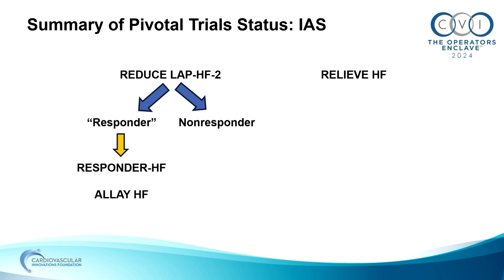And then we are doing a trial called Allay HF with the Alleviant approach, virtually the exact same people. So this subgroup developed a generated hypothesis, and it's being prospectively tested in 2 distinct pivotal trials with different types of implant approaches, 1 implant, 1 no implant.